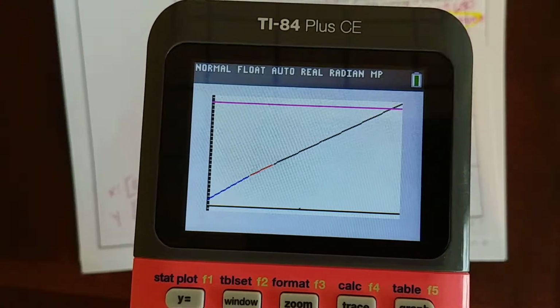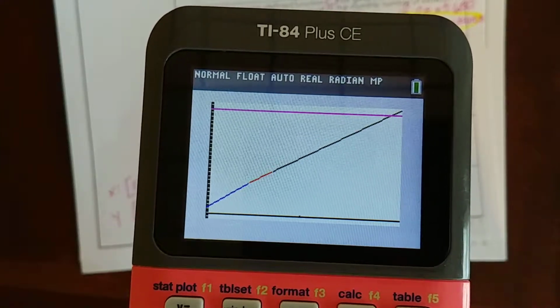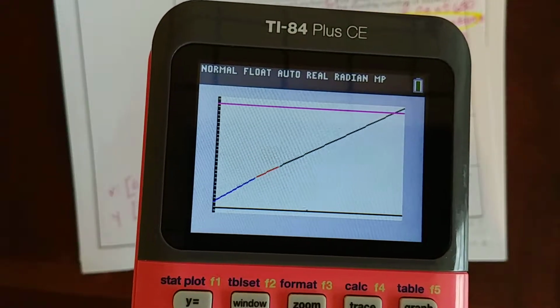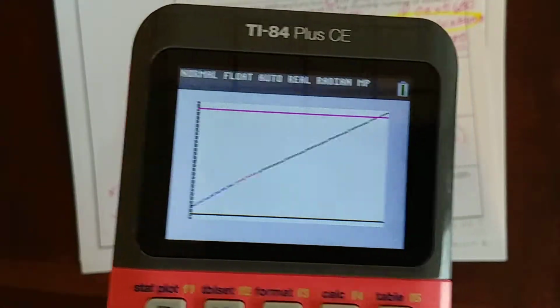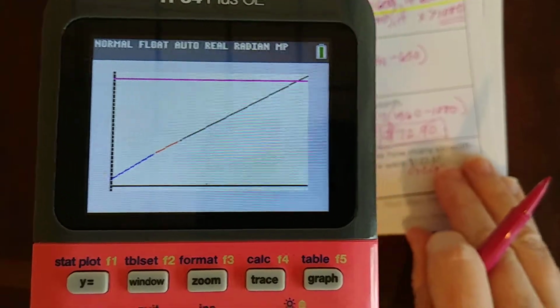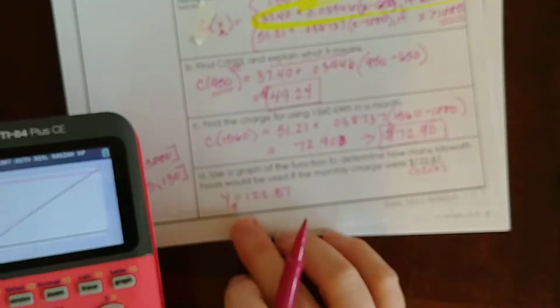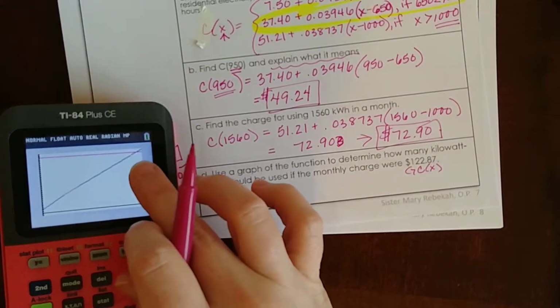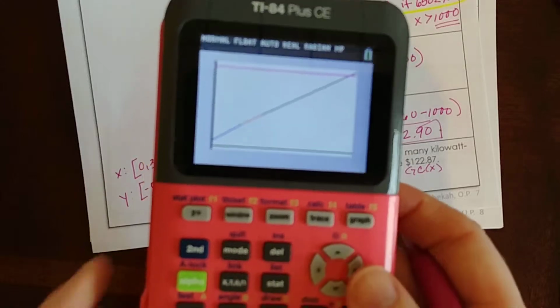Okay, so the blue, red, and black lines represent the piecewise defined function, and then the pink line, or the fuchsia line, represents the function y is equal to 122.87. So we're going to see where these two lines cross.